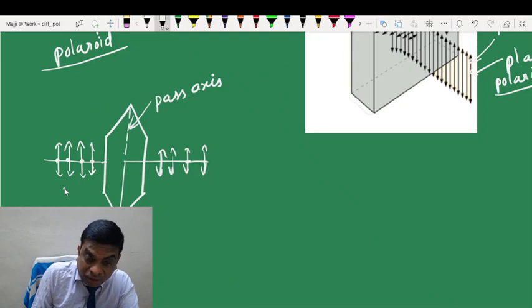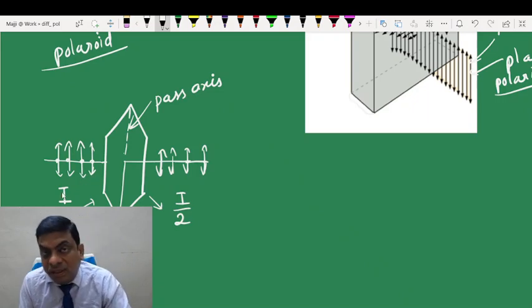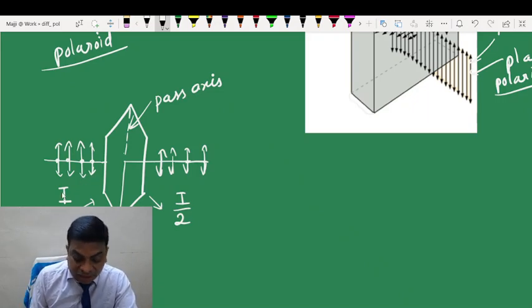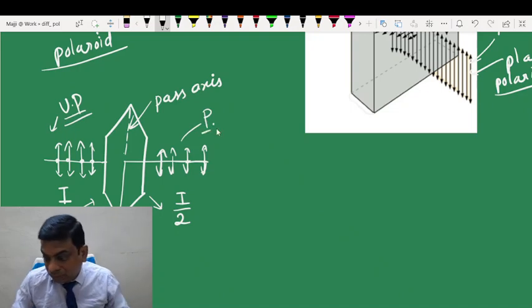Now, a very important thing, students, to solve numericals. If I is the intensity of incident light here, then the emergent light will have an intensity I by 2. That is exactly half of the amount of light is absorbed by the Polaroid, and only half is allowed to transmit. This side you have unpolarized light, whereas this side you have polarized light.